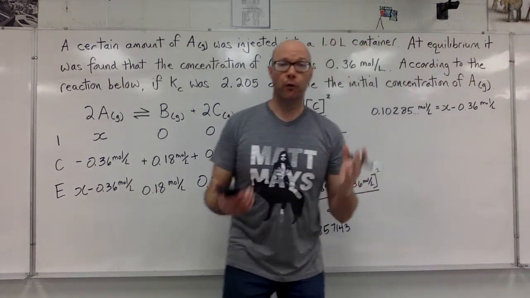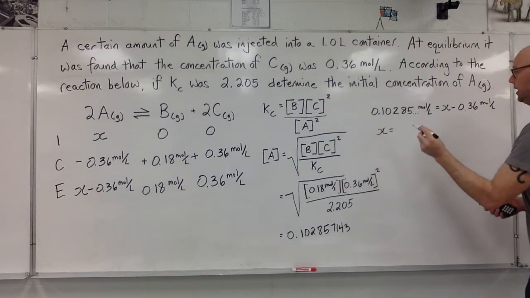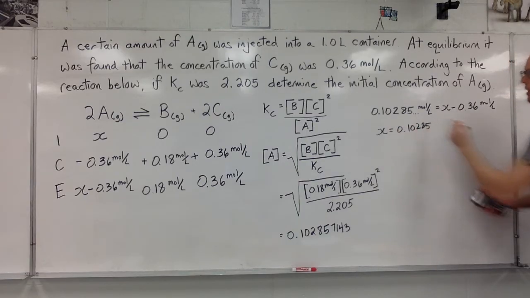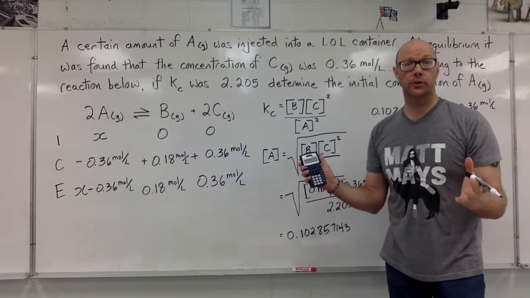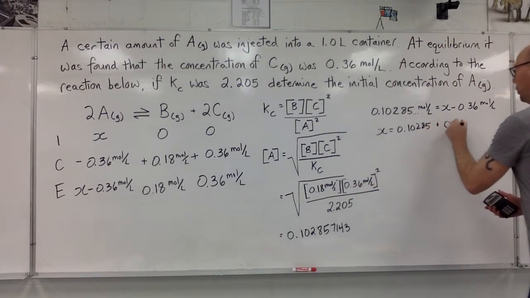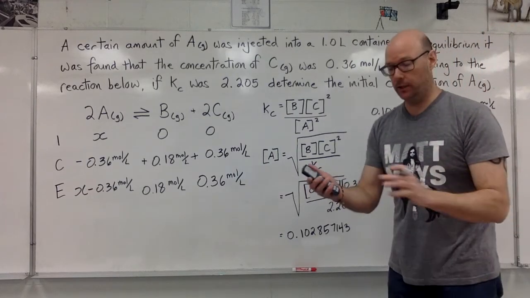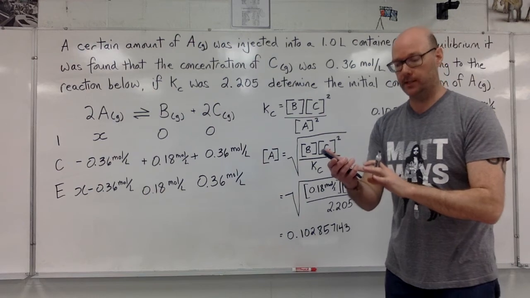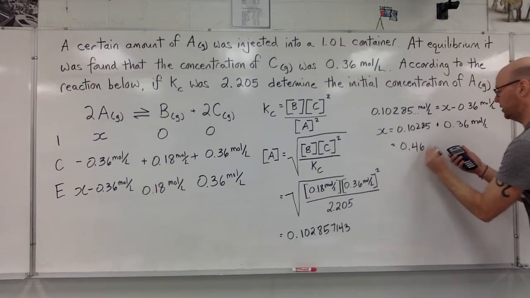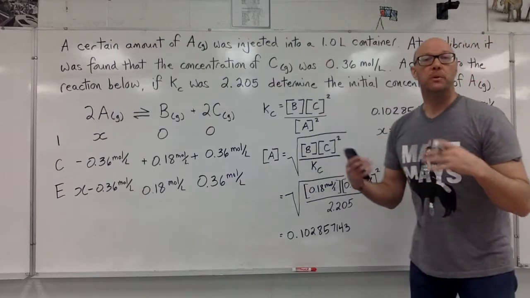And we're going to solve for X. So here, X is going to equal our answer, 0.10285. That number is still here on our calculator screen. And now we're going to add the 0.36 moles per liter to it. So when I add 0.36 to it, I end up at 0.462857143, which is my raw answer.